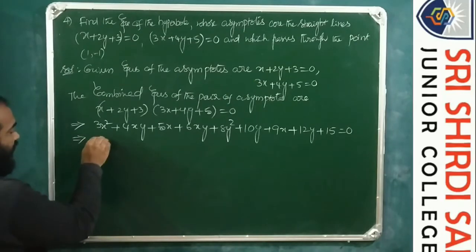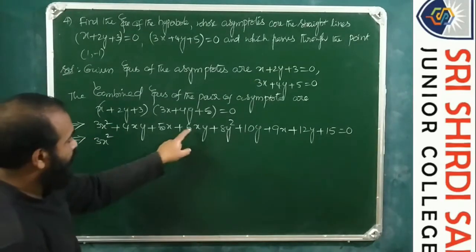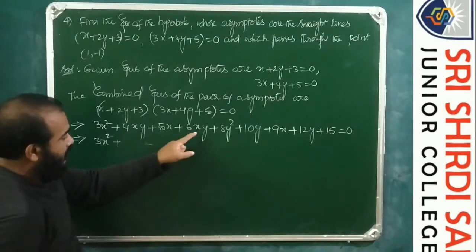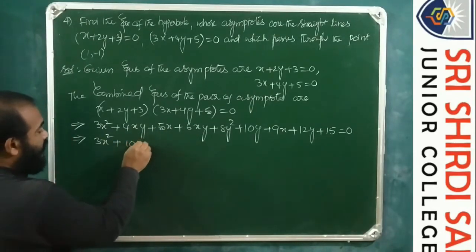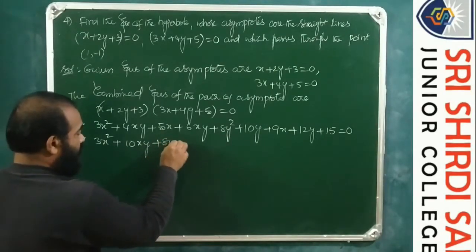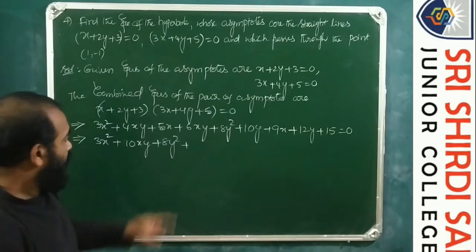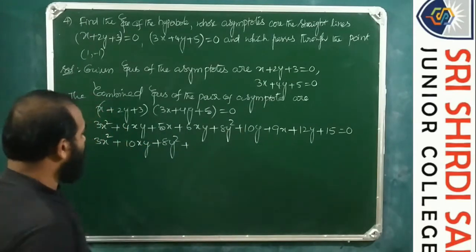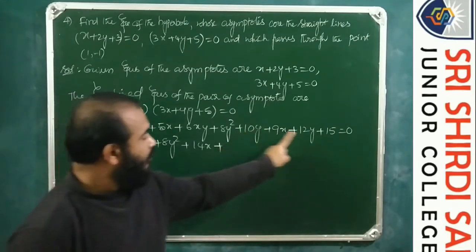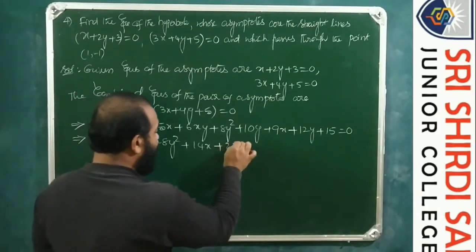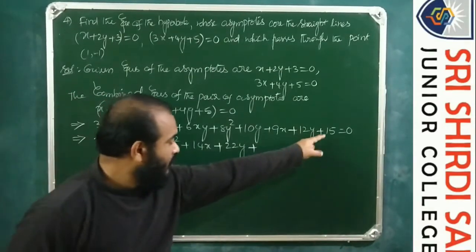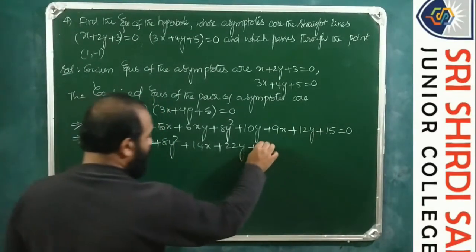So this implies 3x square plus 6xy plus 4xy, so 10xy, plus 8y square plus 5x plus 9x, 14x, 10y plus 12y, 22y, plus 15 is equal to 0.